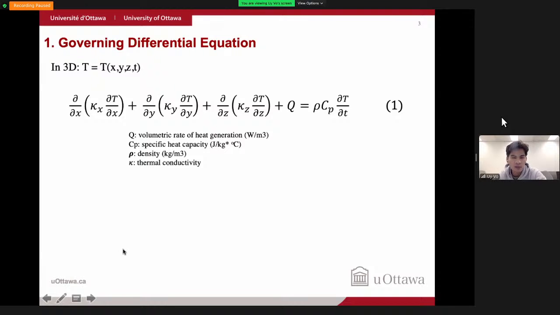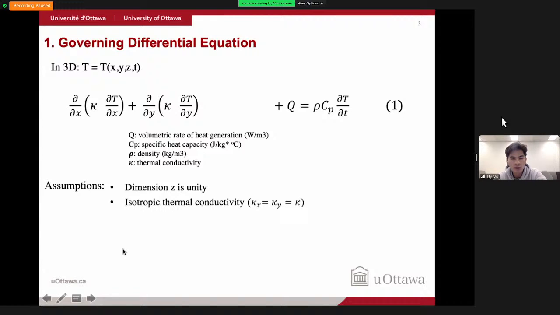But with some assumptions like the dimension just unity, so we only consider the 2D in this problem, and also the isotropic thermal conductivity. So the kappa will be just one unique value, and there's no heat source to consider in this problem.